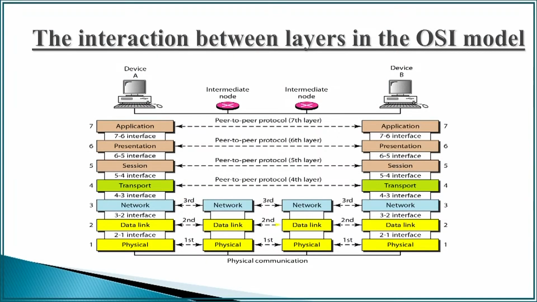So next we can see an interaction between the layers in the OSI model. Device A is the sender, device B is the receiver. The message from the application layer goes down to the physical layer, and in intermediate devices it goes only up to the network layer.